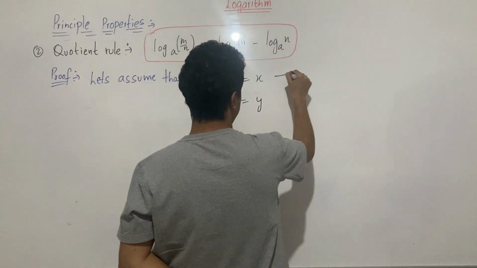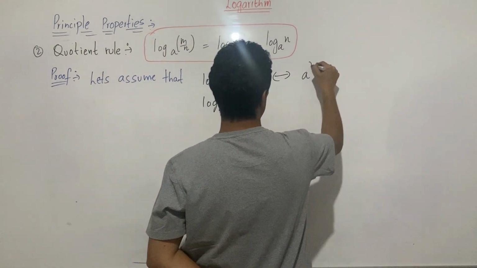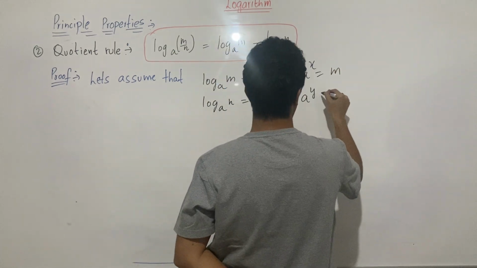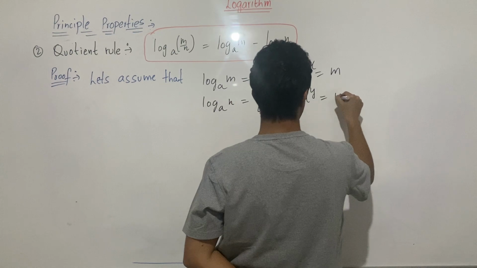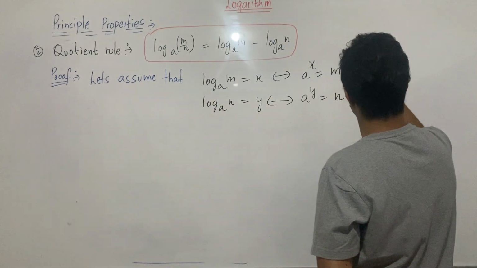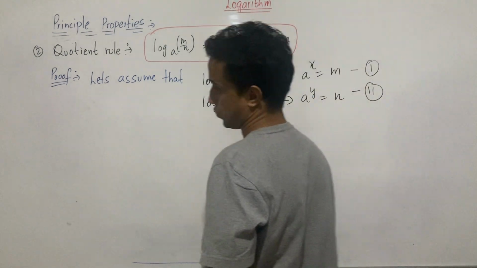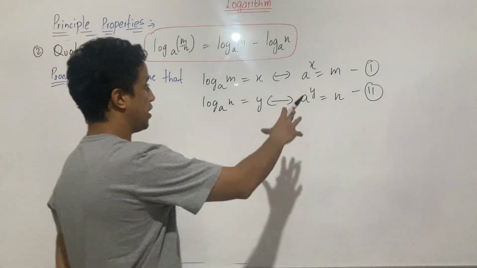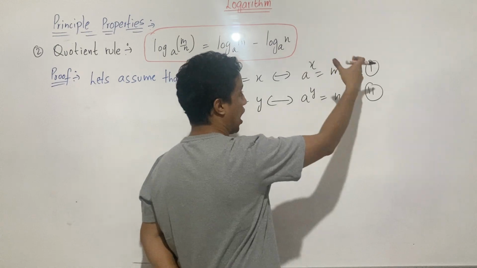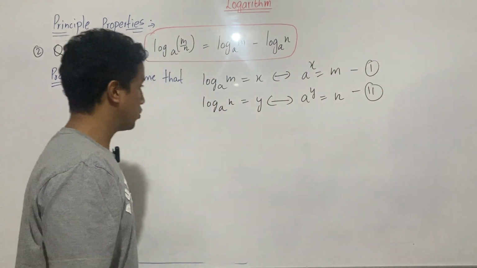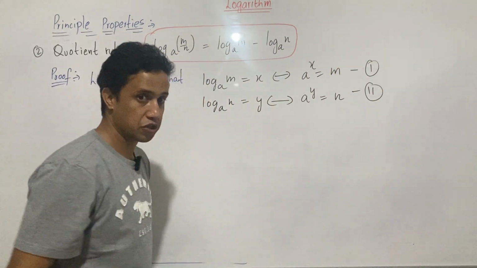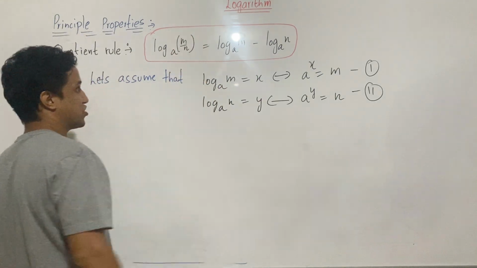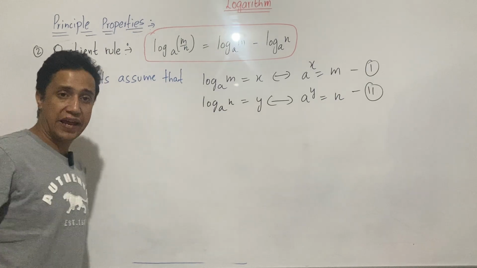Okay, from here I can say a^x equals m, and from here I can say a^y equals n. This is my equation 1, this is my equation 2. Just have a look at it. Now if you look at the left hand side, we have m by n, right?